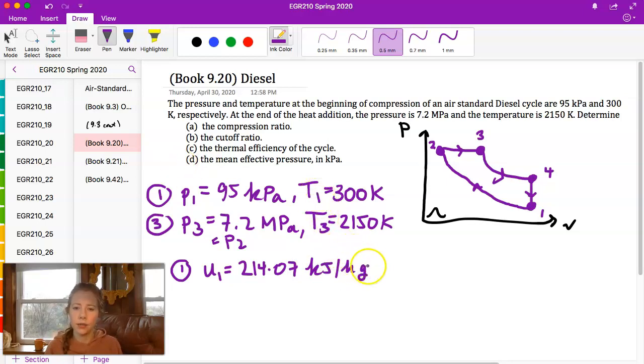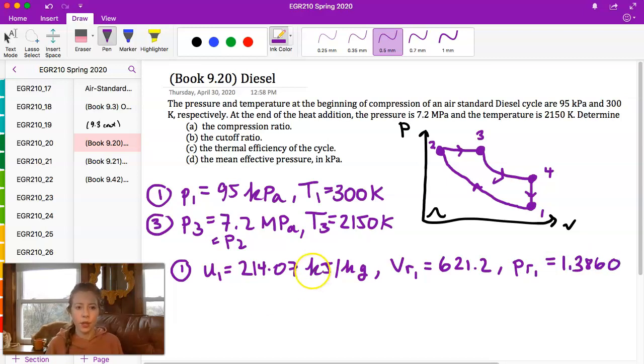And we can get vr1 is 621.2 and Pr1 is 1.3860.